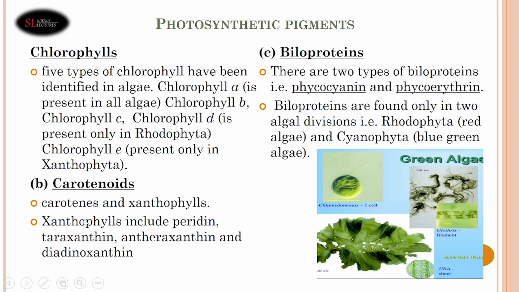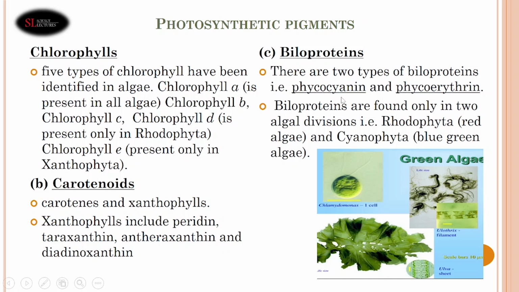Different types of xanthophylls have been identified, and these are peridinin, astaxanthin, antheraxanthin, and diadinoxanthin. Then other algae have biliproteins, and the 2 types of biliproteins that have been identified in algae are phycocyanin and phycoerythrin.